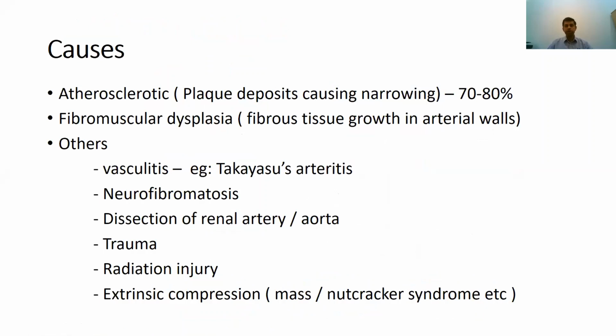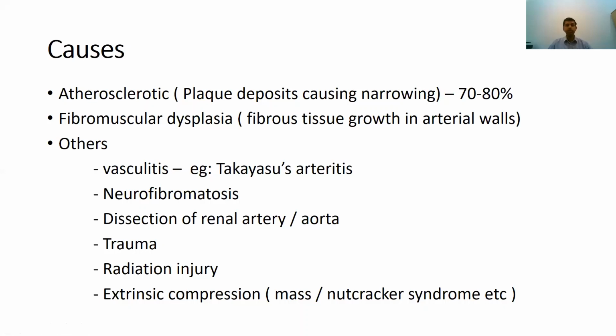When you talk about causes of renal artery stenosis, there are many, but the commonest cause is atherosclerosis, where an atherosclerotic plaque deposits in the renal arteries. Out of all renal artery stenosis patients, 70 to 80% is because of atherosclerotic lesions.